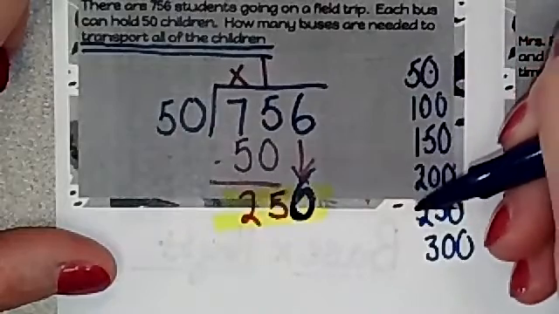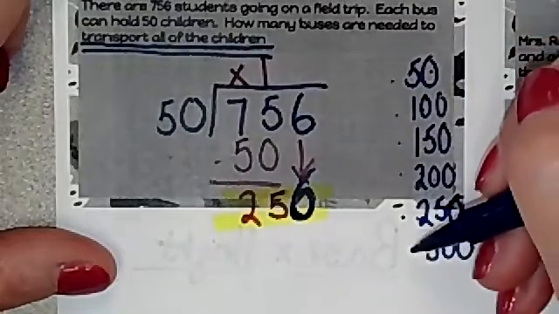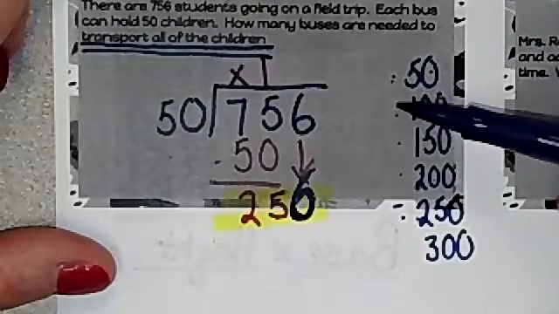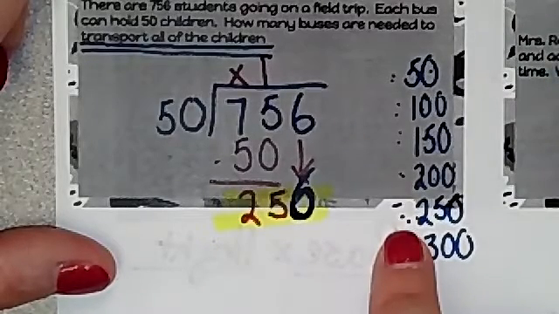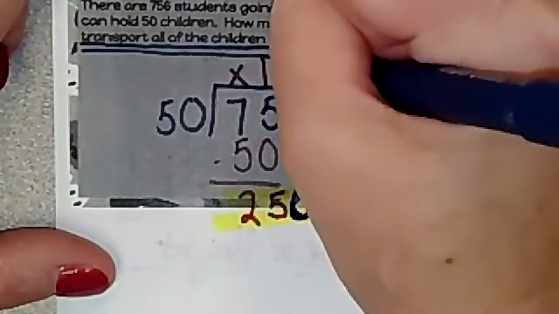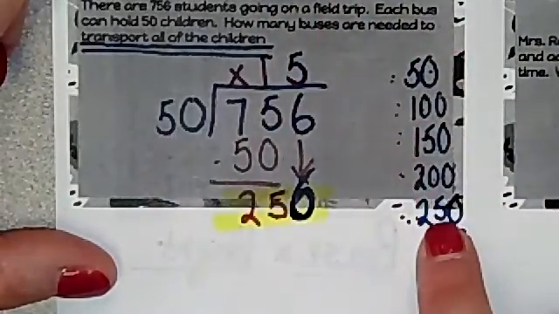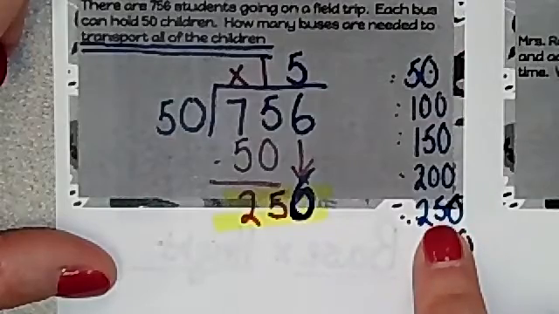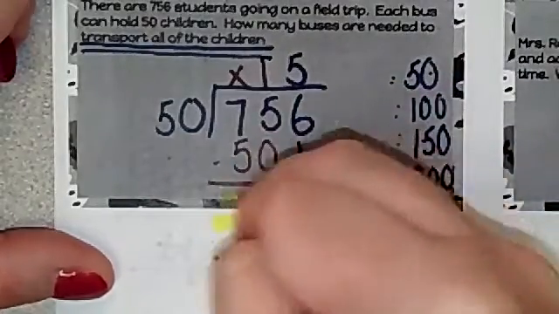How many 50s before it's too much? Five, that's correct. Put your 5 up top. Talia, what is 5 times 50? 250.